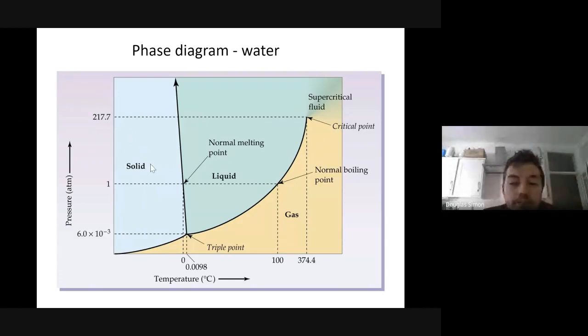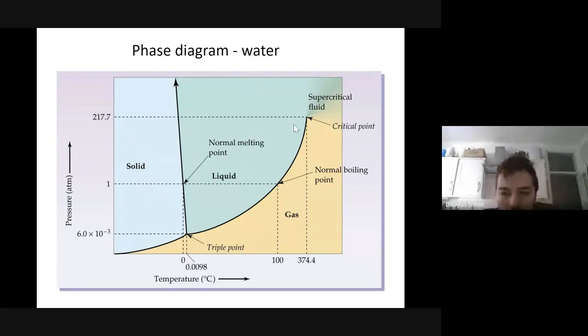However, because ice floats, because it's less dense than water, the ice sits on top of the water, and it actually acts as an insulator, keeping the water underneath liquid, which means that life could exist in the oceans even when it's frozen over.